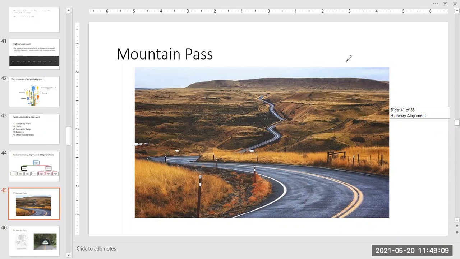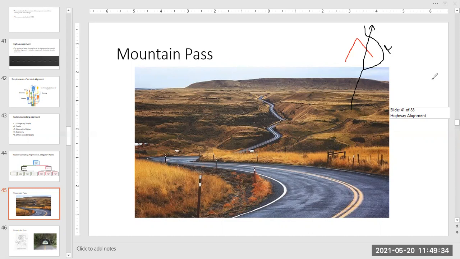For example, there is a mountain like this, and our road should not turn around the mountain. It should cut the hill.